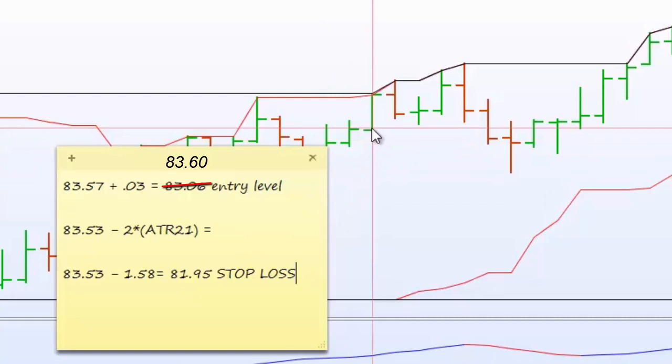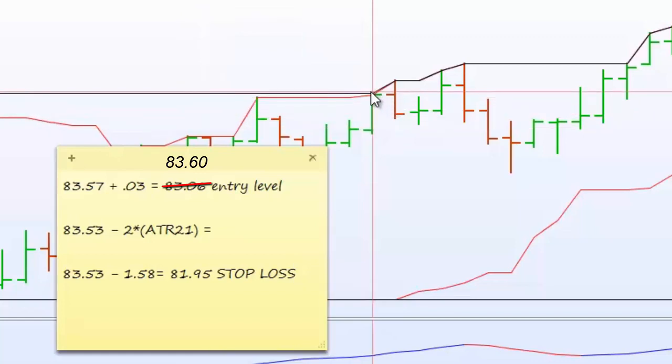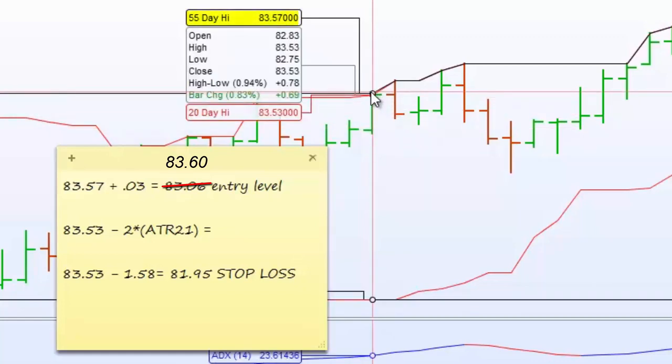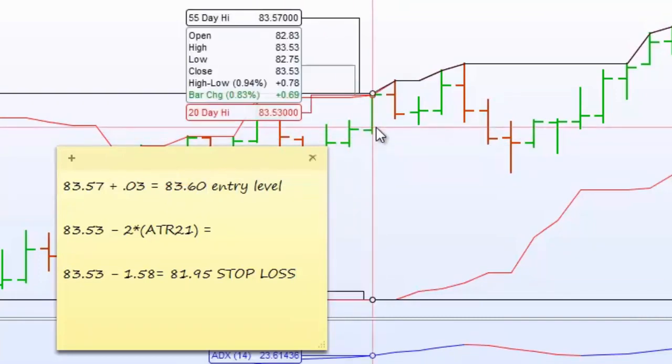So on this day that we enter the market, on this day that we enter our order, the order will be 83.57, which is the 55-day high. You can see to the left of the cursor. So our entry will be 83.57 plus 0.03. So I put this backwards, sorry. 83.60.